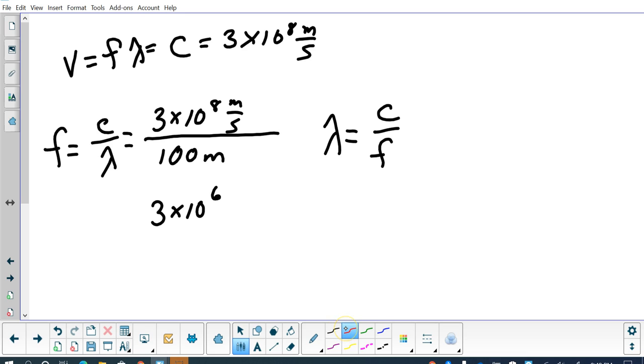The meters would cancel meters, we have reciprocal seconds, and that would simply be hertz. So the frequency of that wave would be 3 million, or 3 times 10 to the 6th hertz.